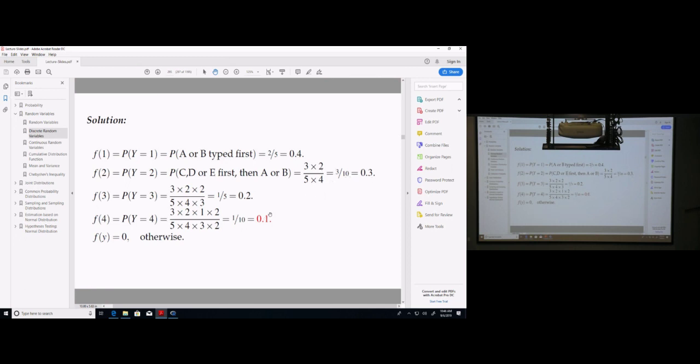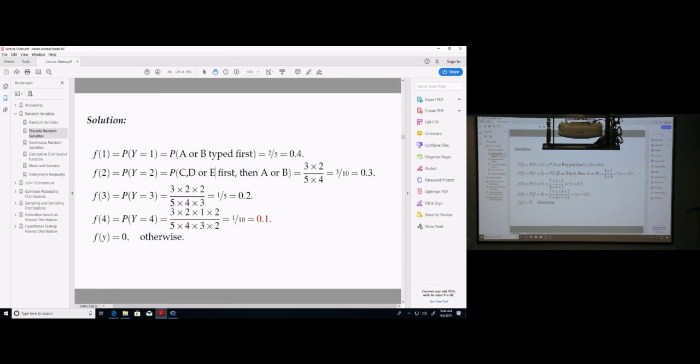So you just keep going. Y equal to 3 means you have to choose 2 out of C, D, or E first and second, and then the third one is either A or B. The 5, 4, 3 in the denominator is because the first one you have 5 choices, and then the second one you have 4 choices because you are not going to type the same person you have already typed. And then this is 3 because you have already typed 2, so out of 5 altogether, you only have 3 left.